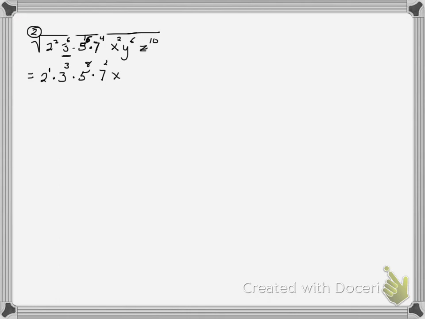Notice it doesn't change. When I move from letters to numbers here, the same basic idea applies. X is my base. 2 divided by 2 is 1, so I could have just written X. Y is my base. 6 divided by 2 is 3. And Z is my base. 10 divided by 2 is 5.